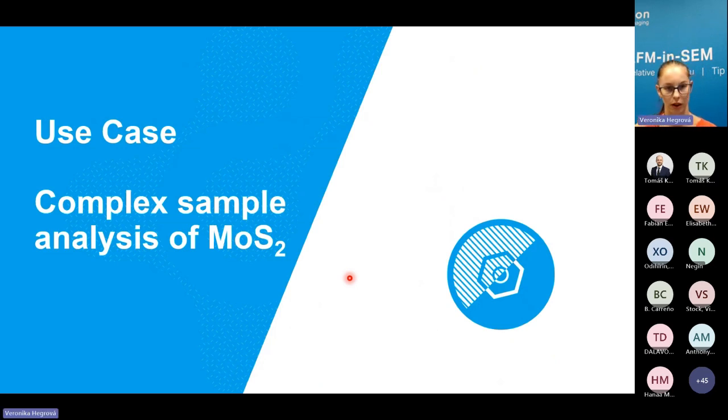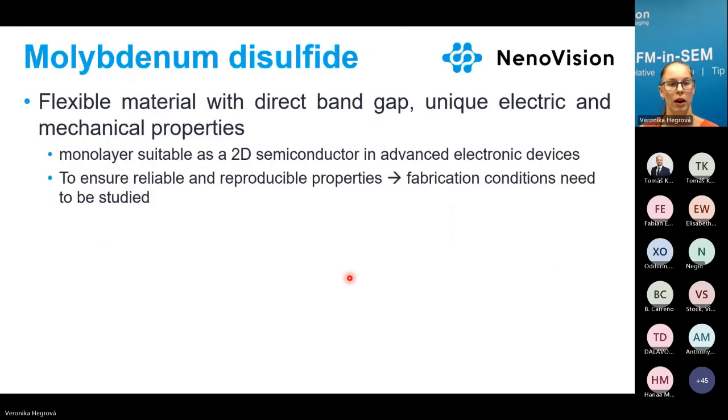And so if we go into the use case, what we measured is molybdenum disulfide. It's a flexible material with direct band gap. It has unique electrical and mechanical properties. Monolayer of molybdenum disulfide is suitable as a 2D semiconductor in advanced electronic devices. But the issue is the reliable and reproducible properties and fabrication.